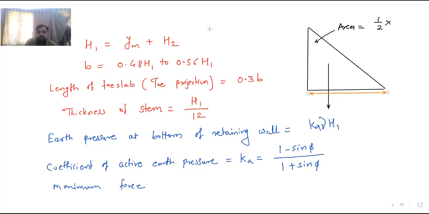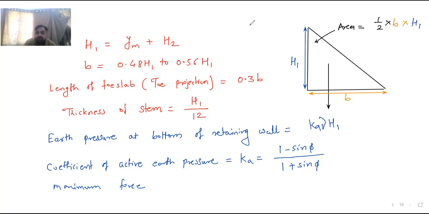This is the base B. So half into B into H. This is H. Then I calculate half into base into height, that is H1.